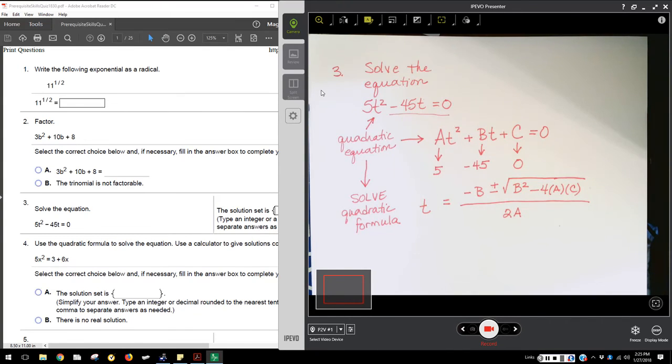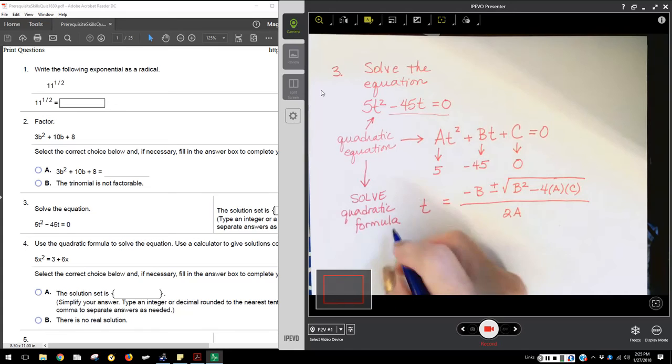Since we know what a, b, and c are, using the quadratic formula is simply a matter of doing a little bit of arithmetic. For the arithmetic, we're going to use a calculator to help us out. But the first thing we had to do was identify a, b, and c. So we'll now substitute in a, b, and c and do the arithmetic.